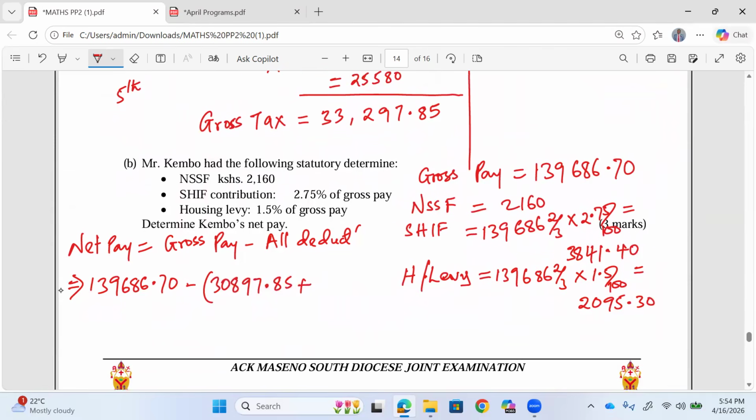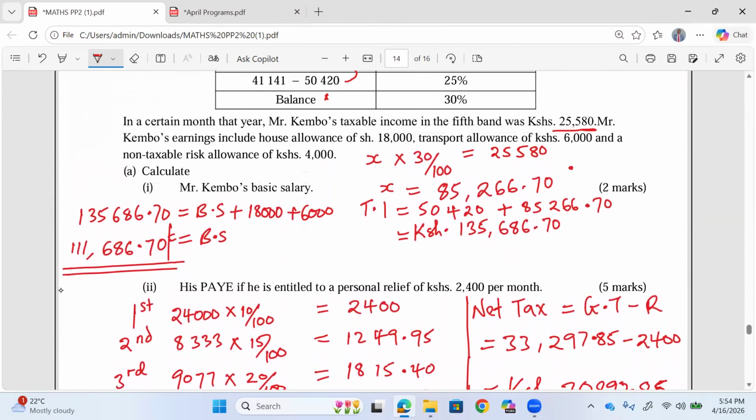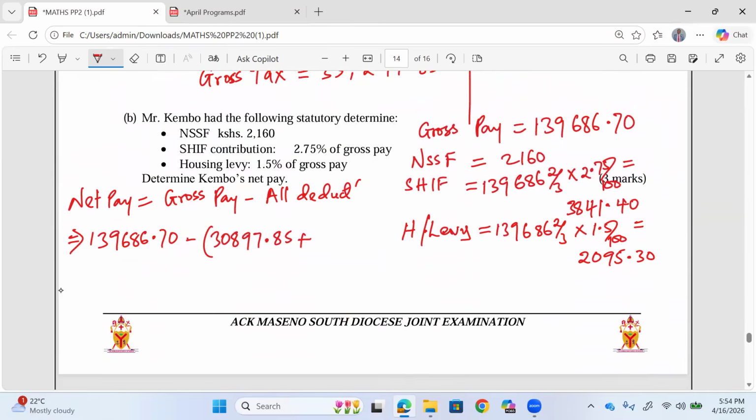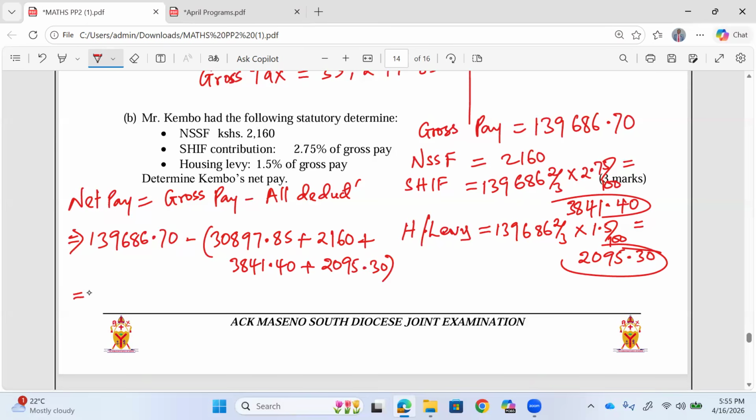Other deductions are listed here: 2160. Another deduction is the 2.75%, which was worked out here, 3841.40. Another deduction is here, 2095.30. So now we can work out the net pay.